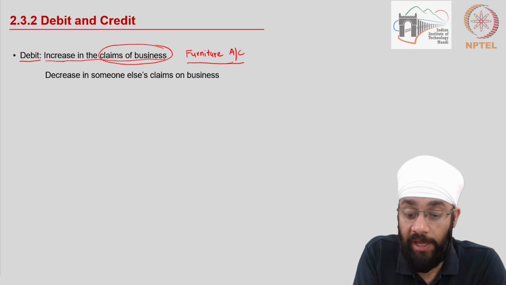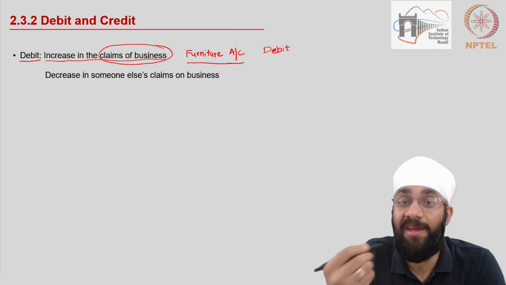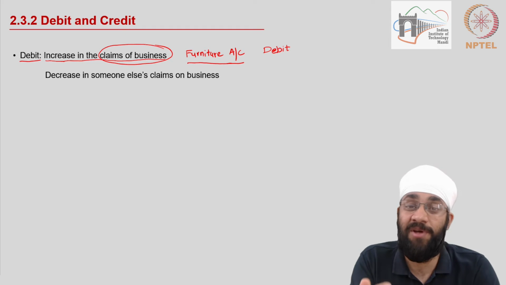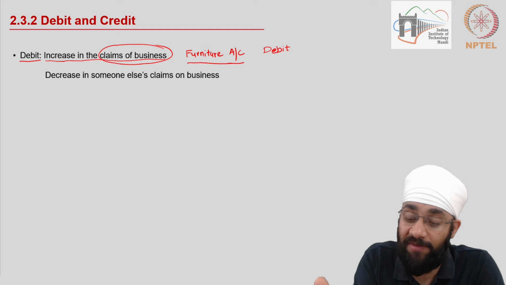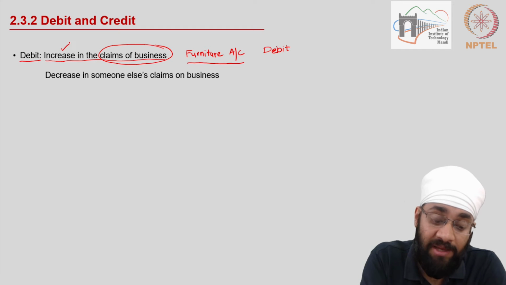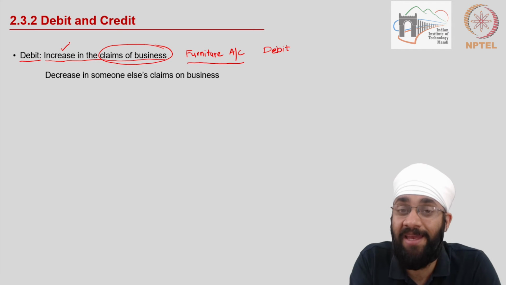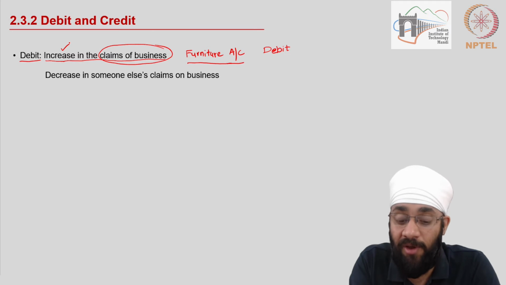Now furniture account, furniture record is going to show a debit. We're going to write a debit against it to indicate that business has purchased furniture and paid for it. By purchasing the furniture, the business has seen an increase in its claim on the furniture.